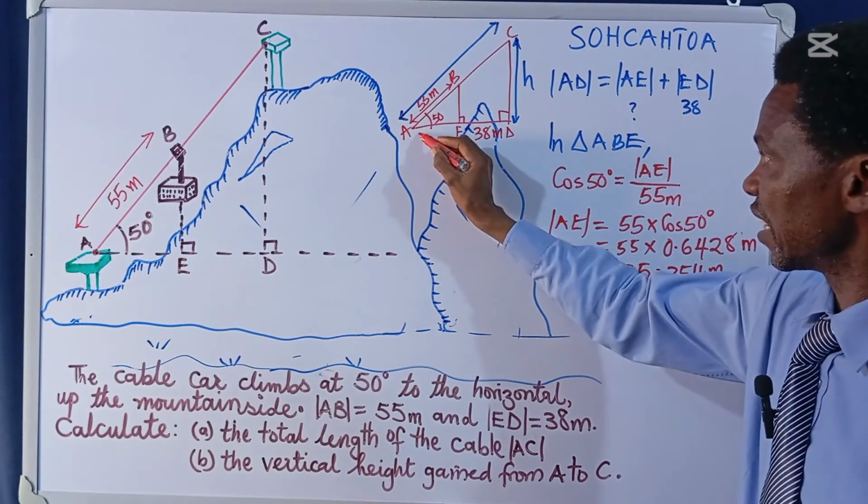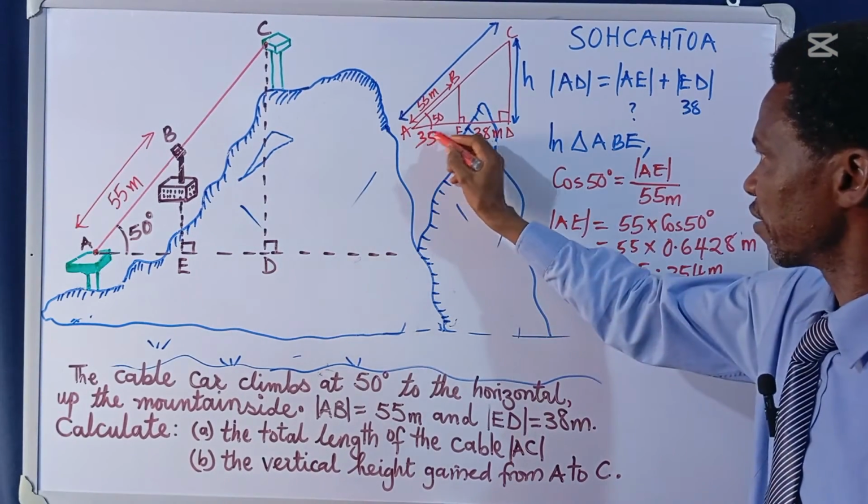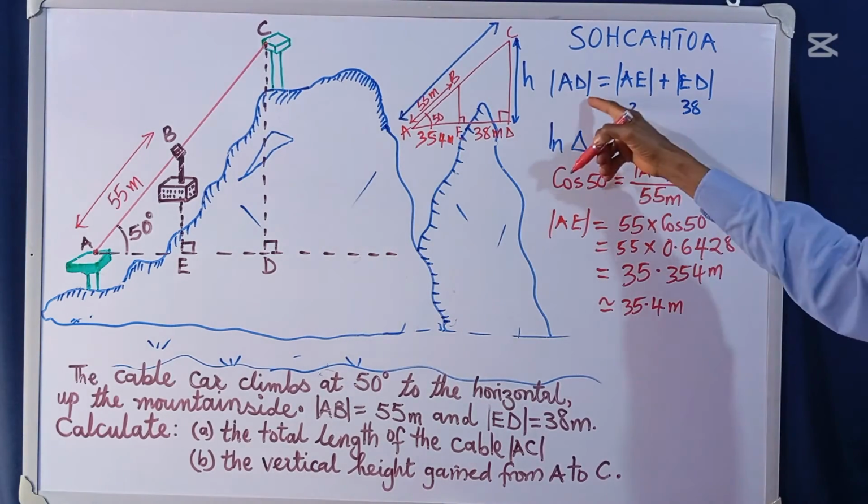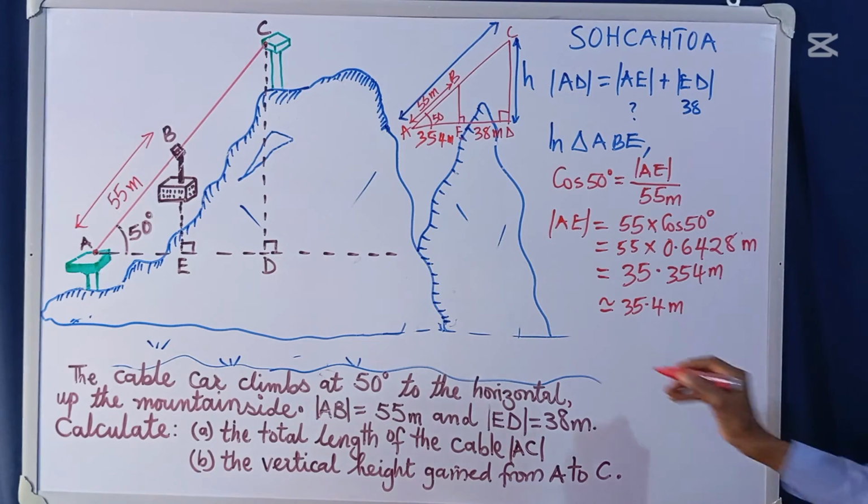So the distance here is 35.4 meters. Add it together, and we can get AD.